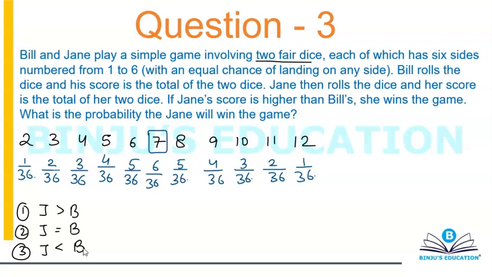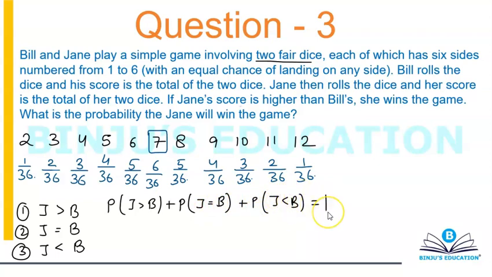Right? Now, what we will do is, let me put it in this way: probability that Jane will score more than Bill plus probability that Jane will score equivalent to Bill plus probability that Jane will score lesser than Bill should be equal to 1.